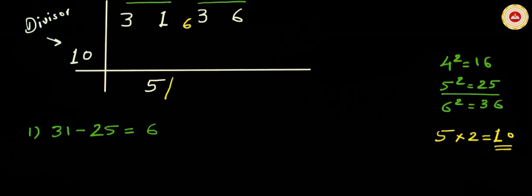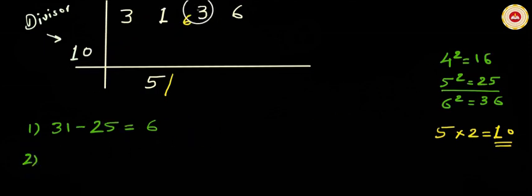So step number 2: divide 63 by divisor 10. Okay, so let us divide it. We have considered 6 and 3 as 63. Divide 63 by divisor 10. 10 sixes are 60.